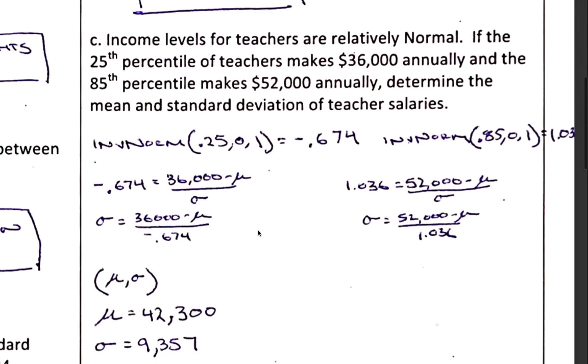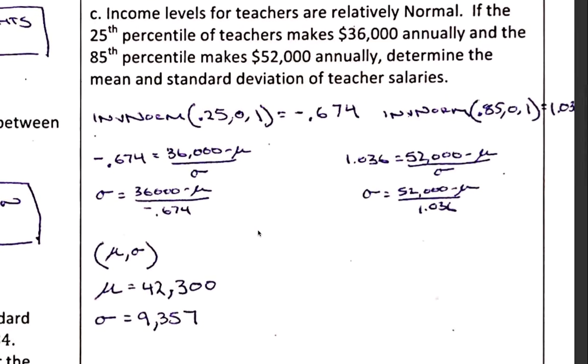All right, part C, this is one that we had a chance to look at a couple of times. It says income levels for teachers are relatively normal. If the 25th percentile, 25% or lower, of teachers make $36,000 annually, and then the 85th percentile, so again that means 85% or lower, makes $52,000 annually, determine the mean and the standard deviation.